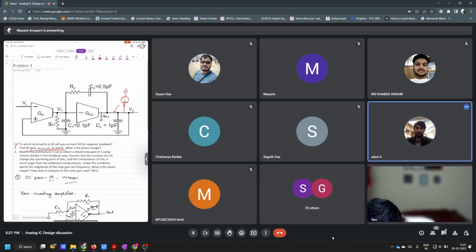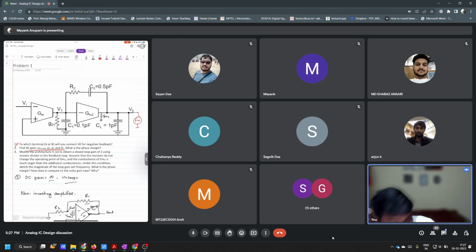For that you do not need to break the loop. You have to break the loop only when it is necessary, that means when you have to calculate omega u loop or the things which correspond to a loop gain. Only for calculating those things, you have to break the loop. Otherwise, you do not need to break the loop.